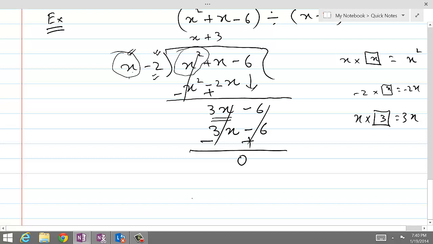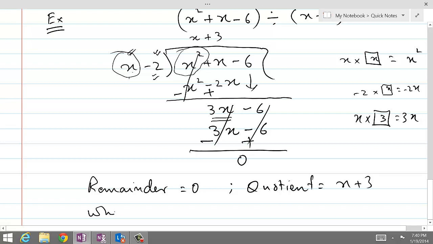Here the remainder is what? Remainder is equal to 0, and quotient is equal to x plus 3 when x squared plus x minus 6 is divided by x minus 2.